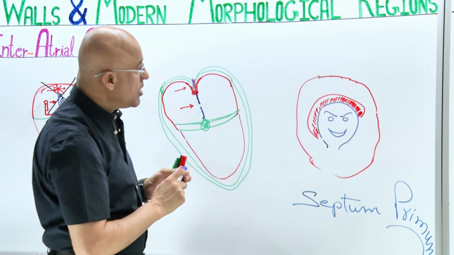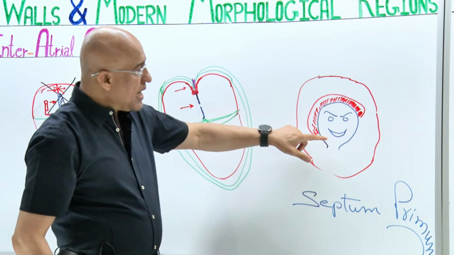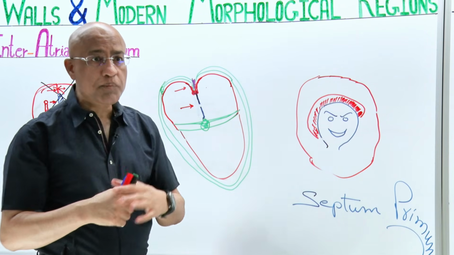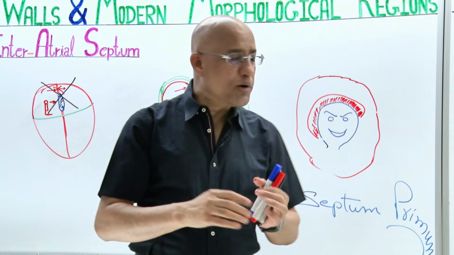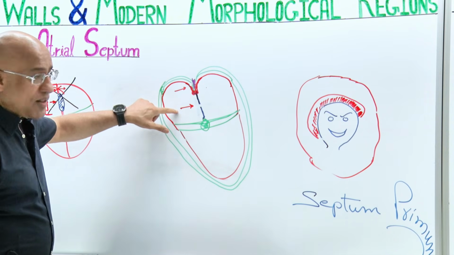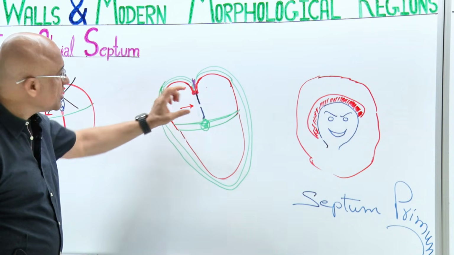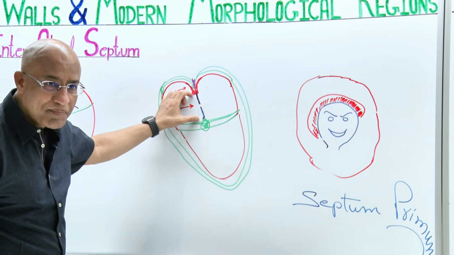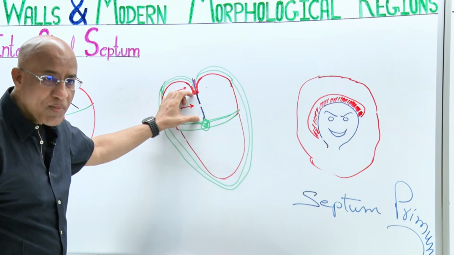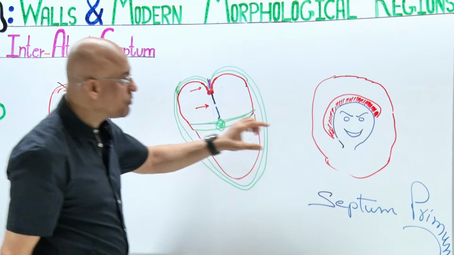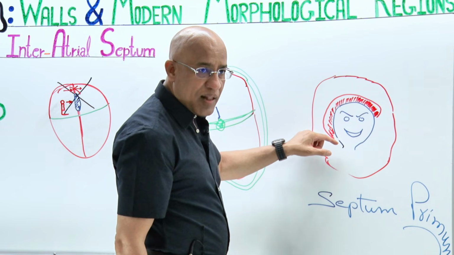Actually, the main tissue which is truly between the blood of the right atrium and blood of the left atrium is septum primum, right? Floor of the fossa ovalis.